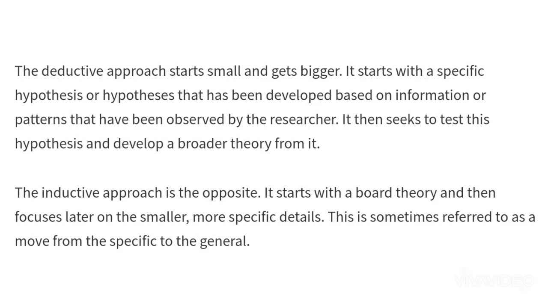It starts with a specific hypothesis that has been developed based on information or patterns that have been observed by the researcher. It then seeks to test this hypothesis and develop a broader theory from it. The inductive approach is the opposite. It starts with a broad theory and then focuses later on the smaller, more specific details. This is sometimes referred to as a move from the specific to the general.